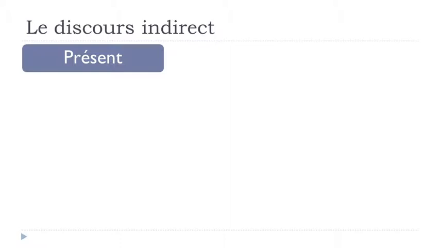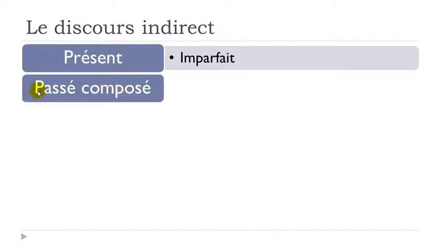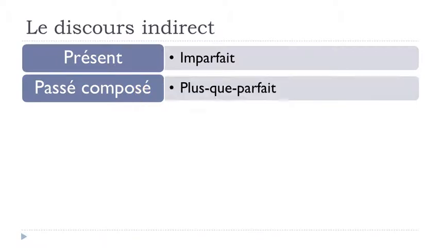So keep in mind that if you've got this structure, first verb at the passé form, and then the second verb is at the present form, okay? When you modify this structure and put it in discours indirect, remember, présent, as we saw, will become imparfait, okay? Then if you've got passé composé, still in the second part of the structure, it will become plus que parfait, okay?